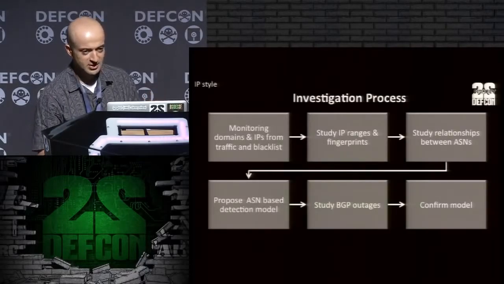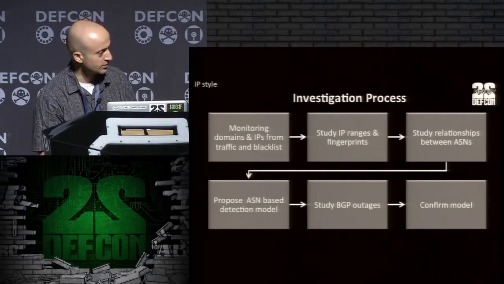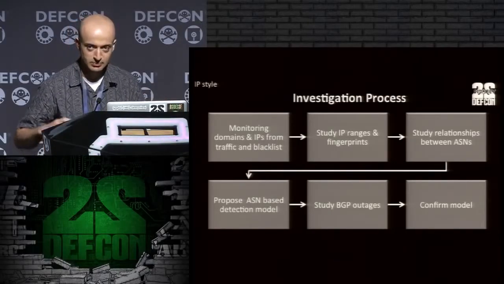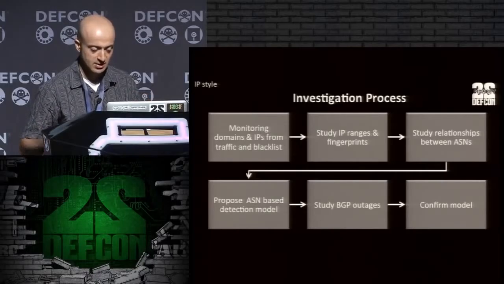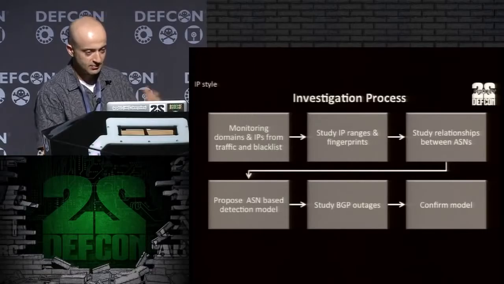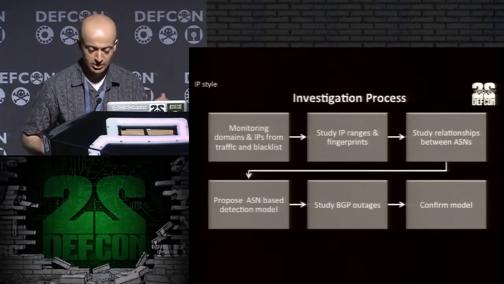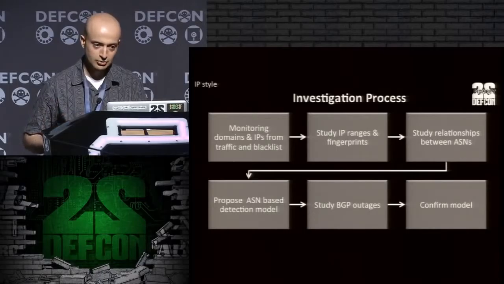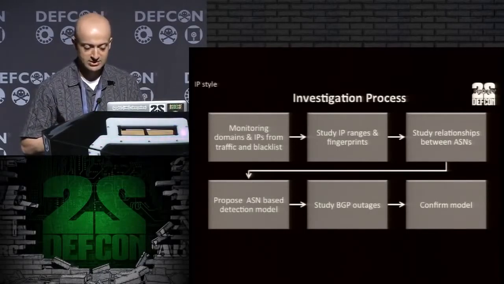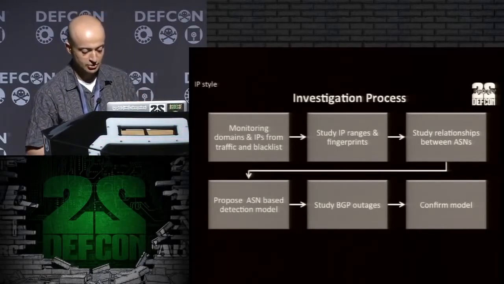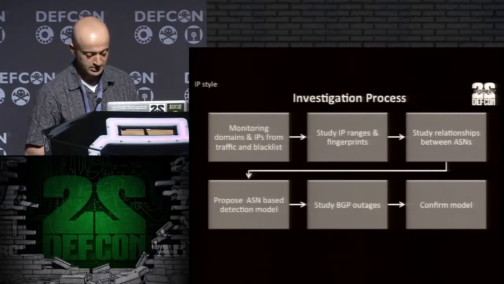We look at domains and IPs, and then we study the fingerprints and the ranges that we are focused on. And then that allows us to build relationships between the ASNs by considering the ASN graph topology. And then thanks to that we can build a model. And finally we are proposing, we'll talk about it later, a novel approach to verify the relationships between ASNs by monitoring BGP outages. This is kind of a breakthrough in this case.